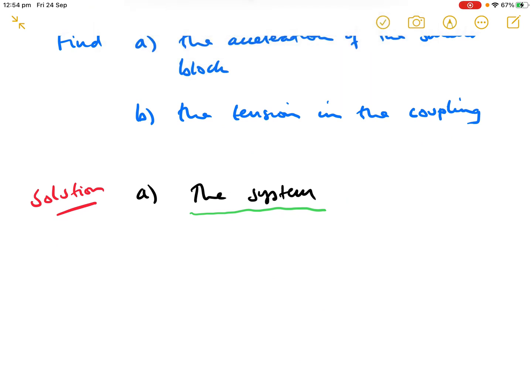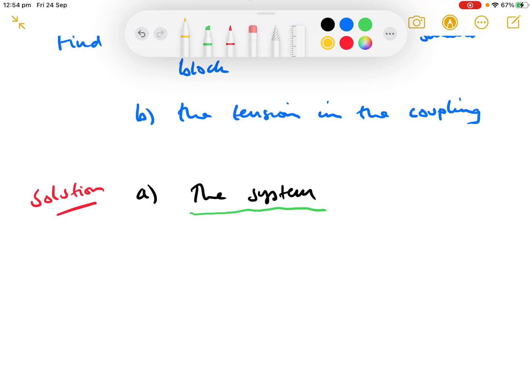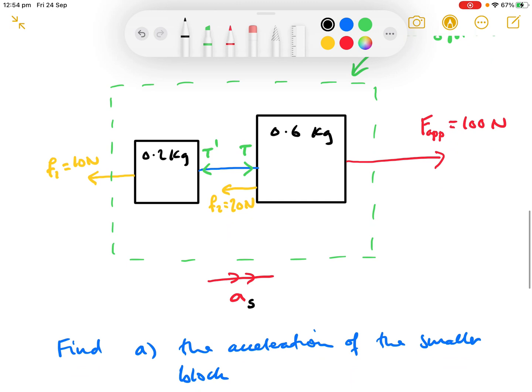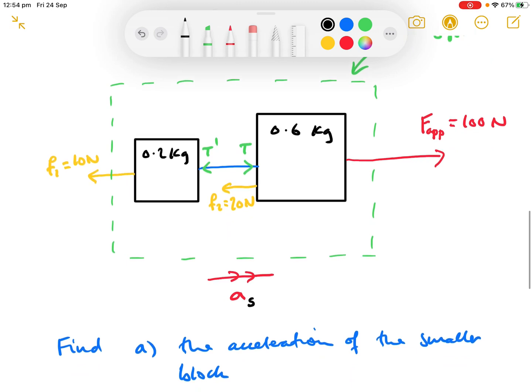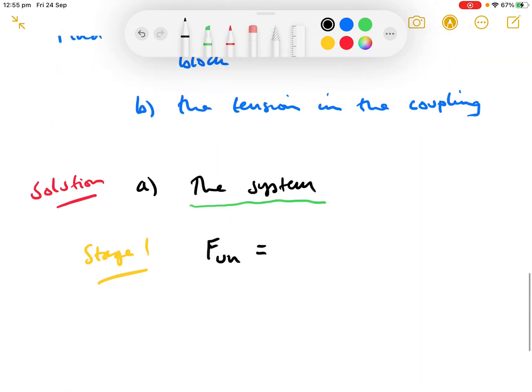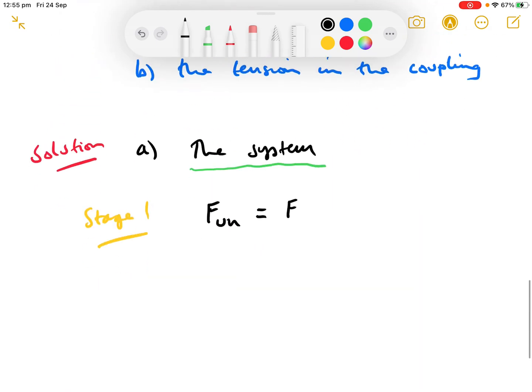Right, well, it's a bit like some of the earlier problems. There are two stages in the solution, and stage one is basically sorting out what the unbalanced force is. Well, you basically take all the forces to the right and you take away from them all the forces to the left. So we can set up an equation for that. It's the applied force, take away friction 1, take away friction 2.